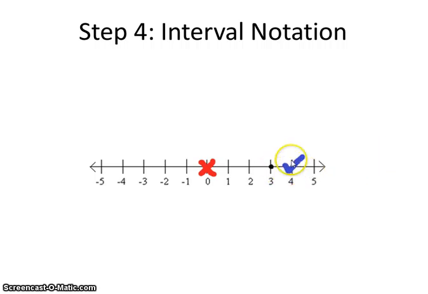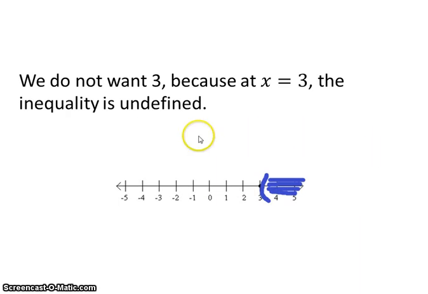So I know that every point on this side of 3, my boundary point, is going to be a solution to my inequality. We have to make sure that we do not include 3 in the solution set.